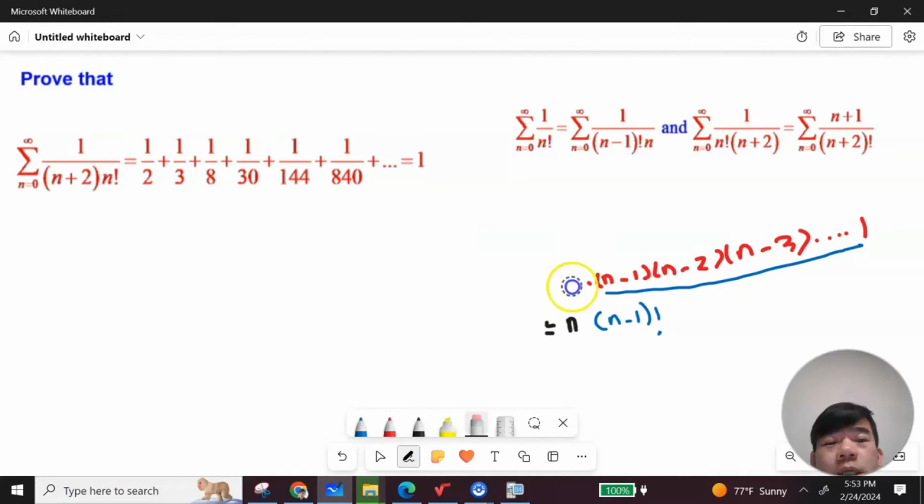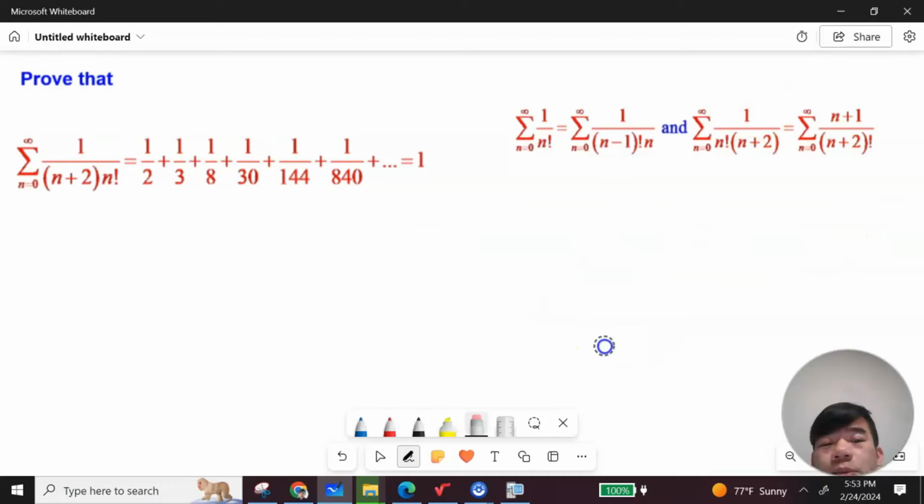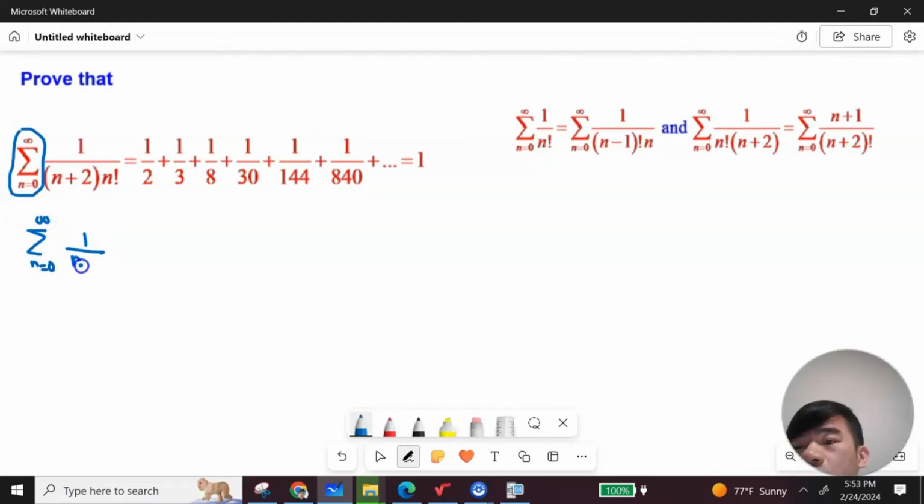Now we use this trick right here. We need to prove this one right here. So the sum, n equals 0 to infinity, of 1 over (n plus 2) times n factorial. I multiply the top and bottom by n plus 1 and I get this one right here.